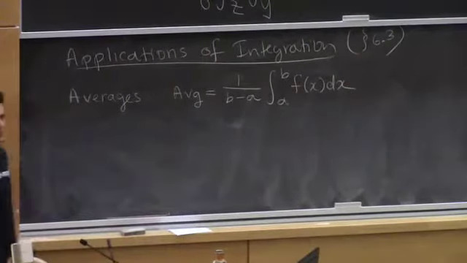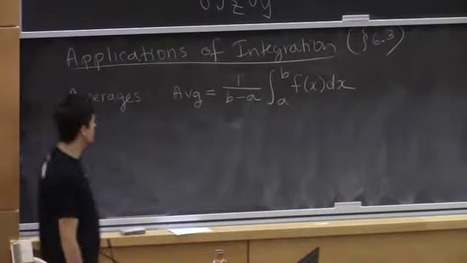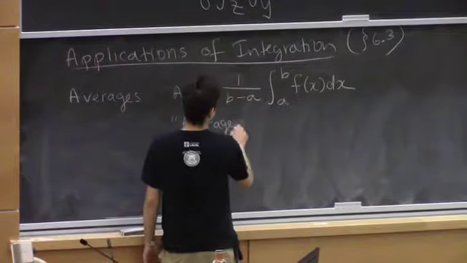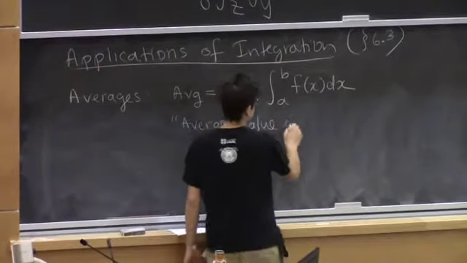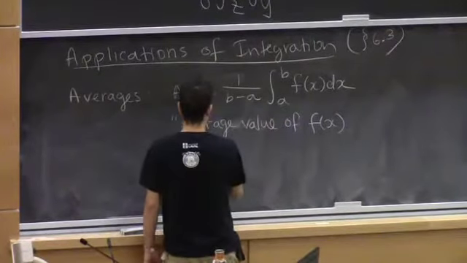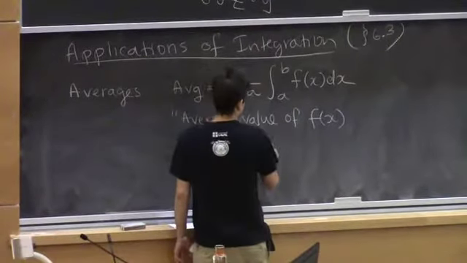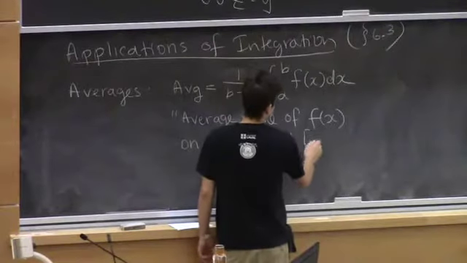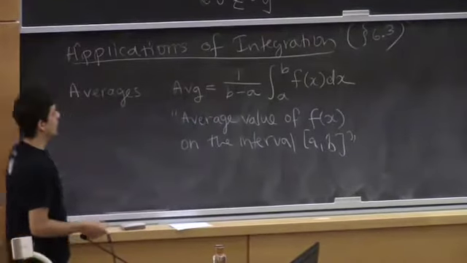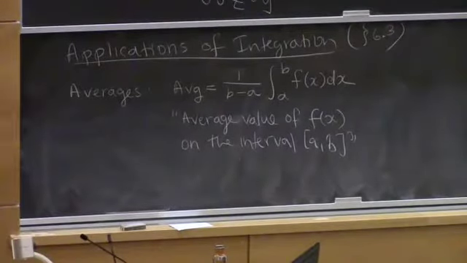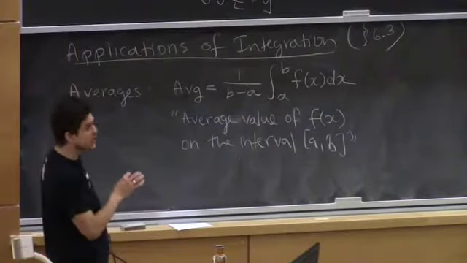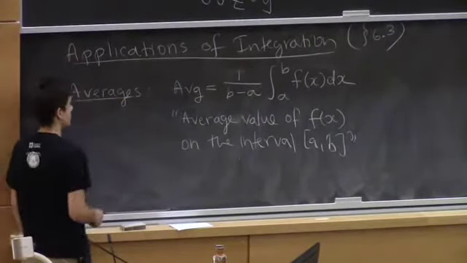Okay, and the interpretation of this is the average value of our function on this particular interval. Okay, so there's the single variable formulation of things.